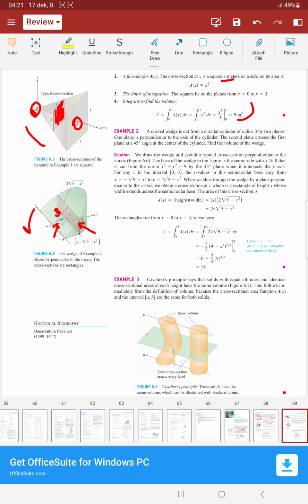Find the volume. Okay, how do we find the volume? When we have a circle, we know the equation of a circle with the center 0, 0 is x squared plus y squared equals r squared.